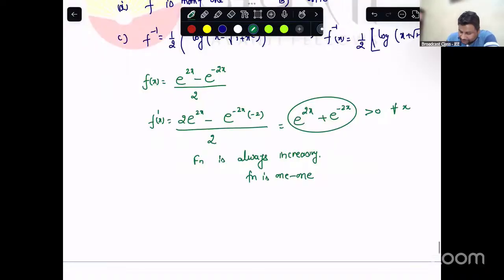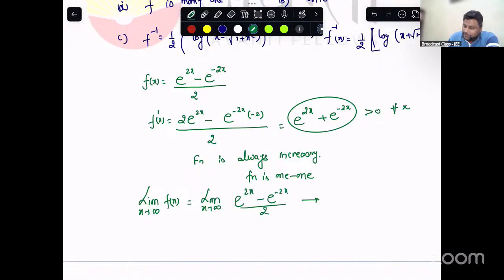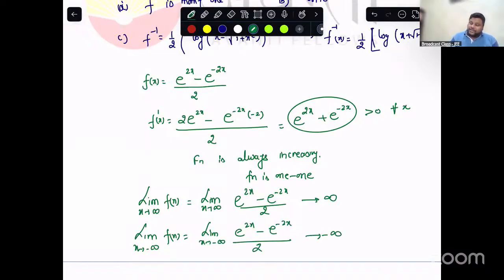Now, if I do limit x approaches infinity of f(x), this will be limit x approaches infinity of (e to the power 2x minus e to the power minus 2x) by 2, which will approach infinity, because e to the power infinity will become infinity. If I check limit x approaches minus infinity of f(x), it will be (e to the power 2x minus e to the power minus 2x) by 2, which approaches minus infinity, because now this will play a leading role.